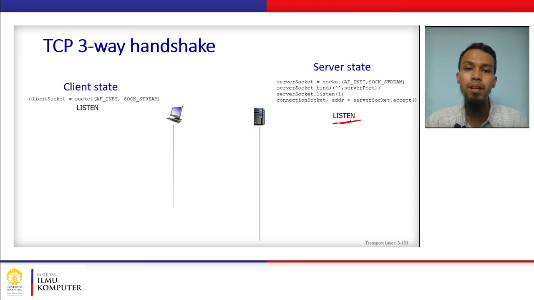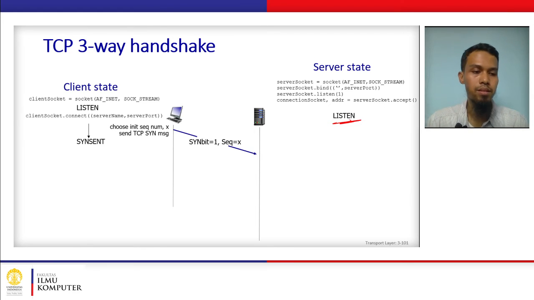So when it wants to communicate with the server, it starts by sending what's called a SYN message, a TCP SYN message. Why is it called SYN? Because in one of the TCP flags, we have to set the SYN bit to 1.